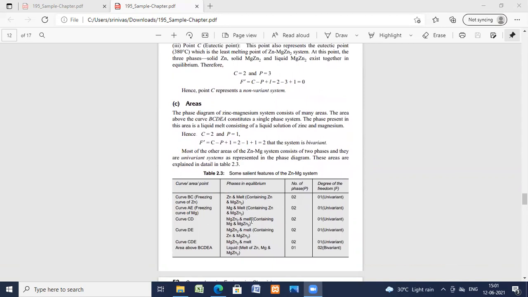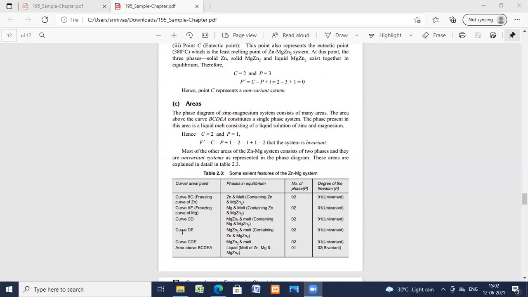So components are 2 and phases are also 2. Applying the formula, F prime is equal to 2 minus 2 plus 1, it is equal to 1. It is univariant system.